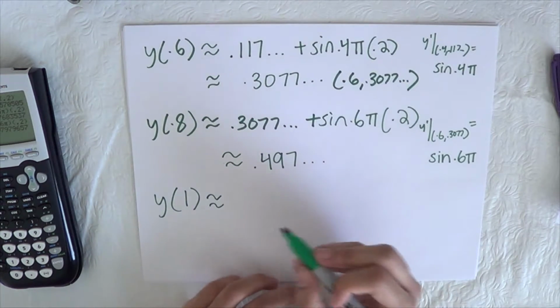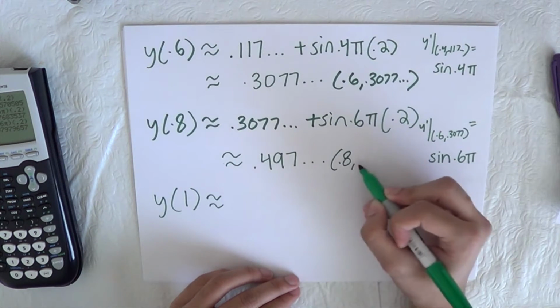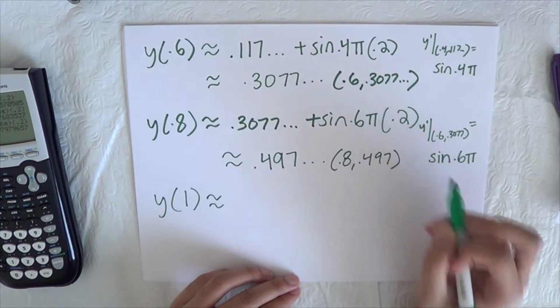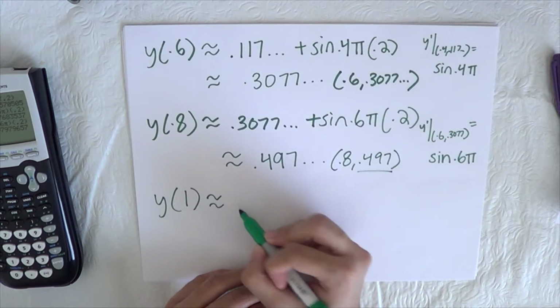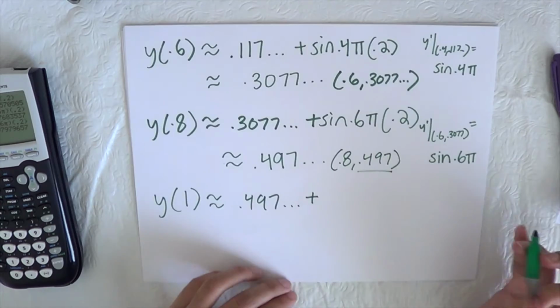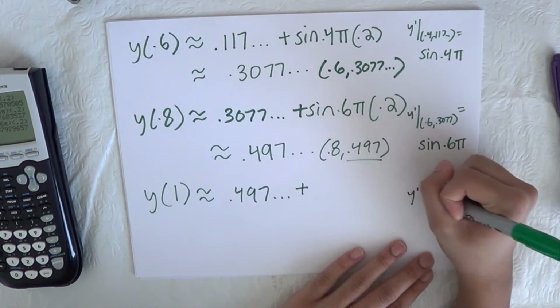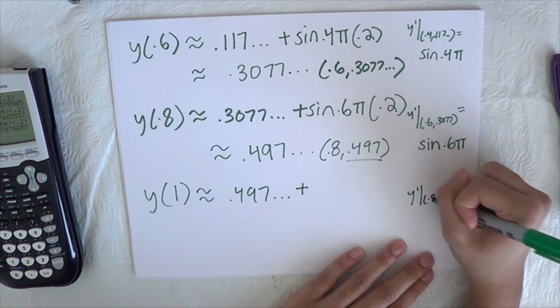It approximates to the y value of the previous point, which is 0.497..., plus the slope of this point. So we go back on the side and do that.